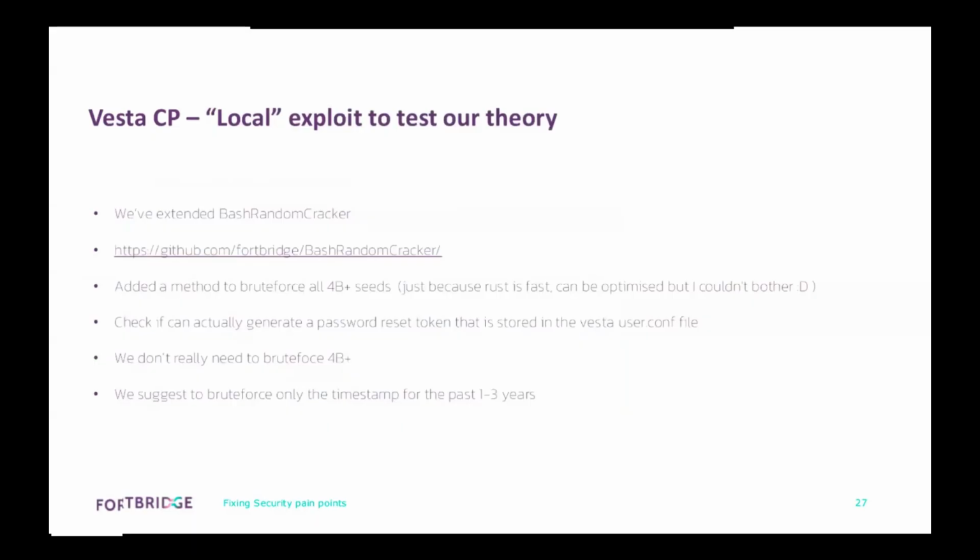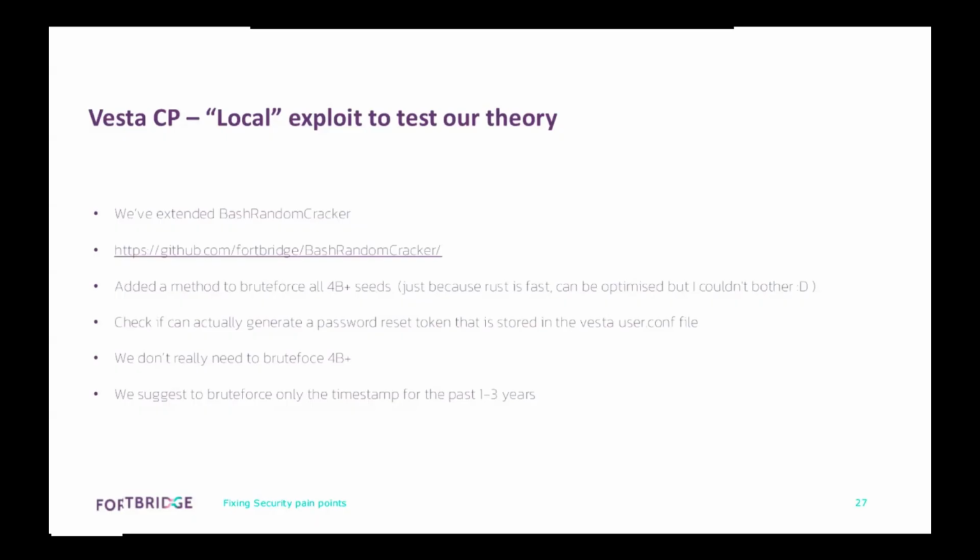So the first thing I did was I extended that tool from GitHub. I created a local exploit where essentially I brute force all 4 billion values. Now I could have optimized that, but I was just lazy, I think. And I wrote it in Rust, so it was extremely fast anyway. There wasn't really much need of an optimization.